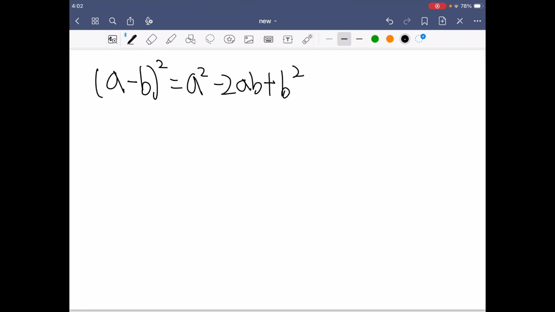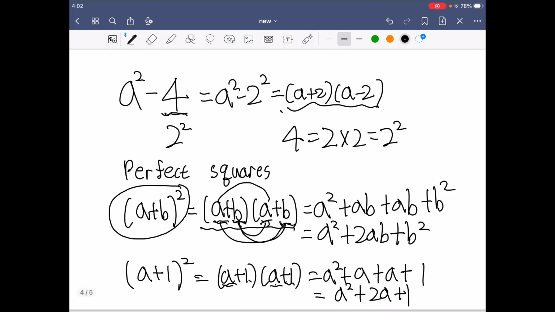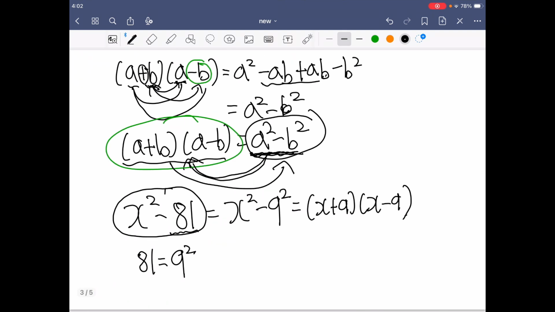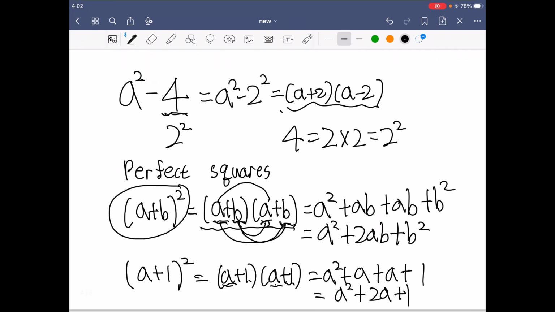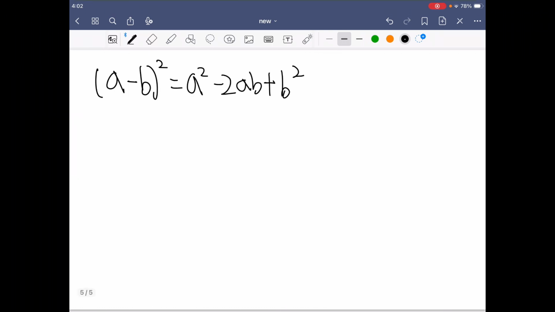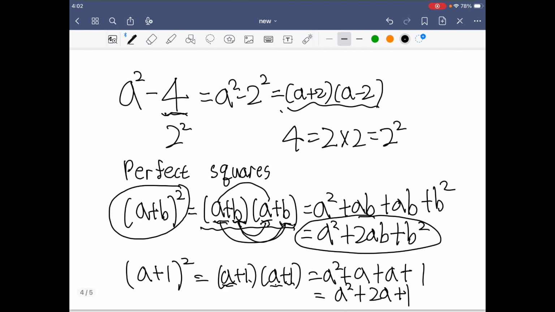And now we can factorize with this kind of formula. Just make sure to remember these forms, like the difference of squares, and if you come across an expression like this, you can factorize it using this formula.